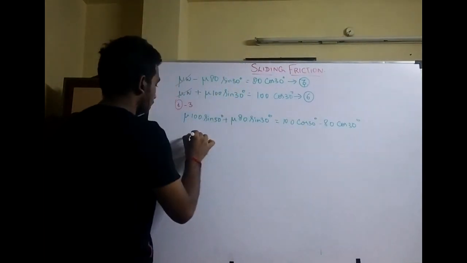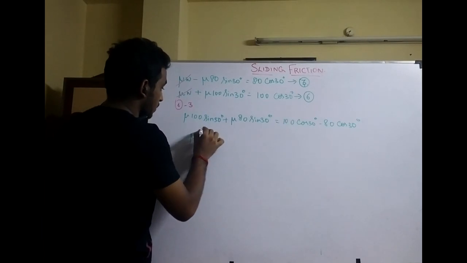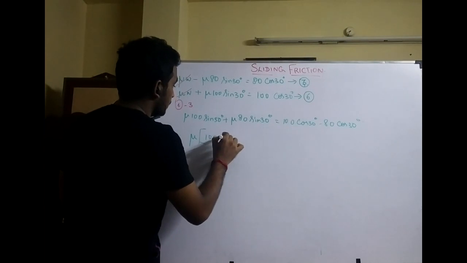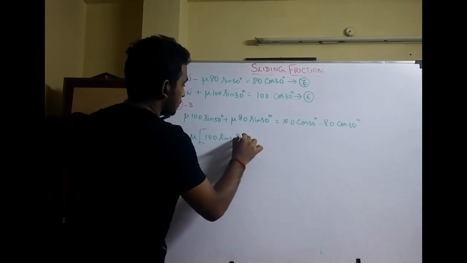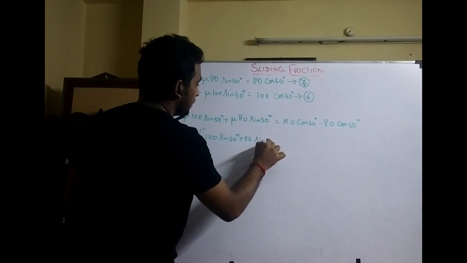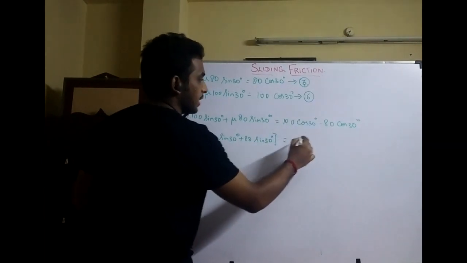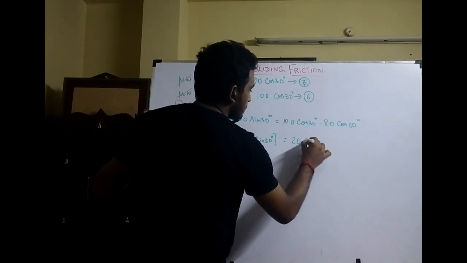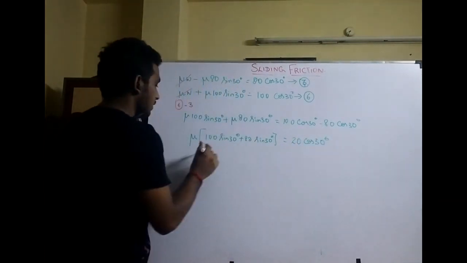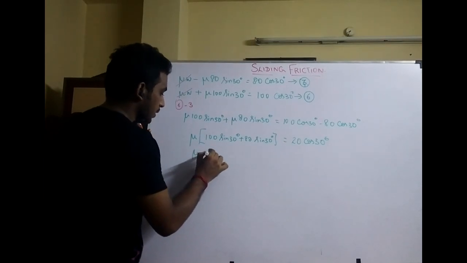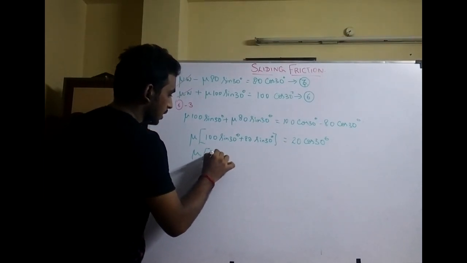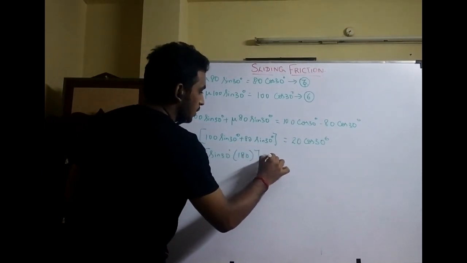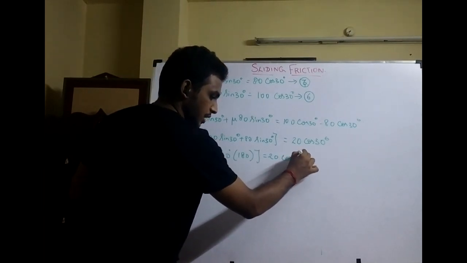I take mu commonly outside: mu times 100 sin 30 plus 80 sin 30, and on the right I take cos 30 commonly outside, which gives 20 cos 30. Taking sin 30 commonly outside, mu times 180 sin 30 is equal to 20 cos 30 degree.